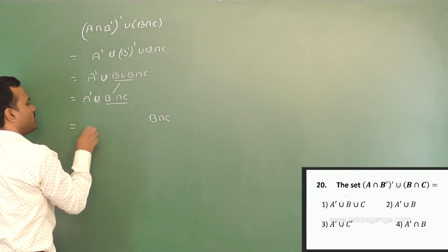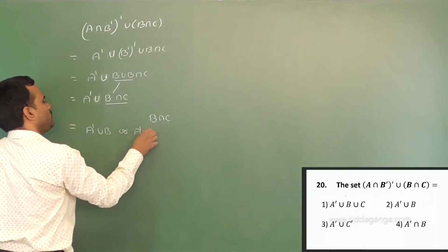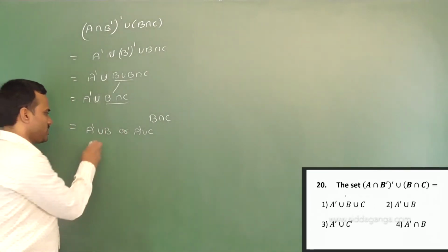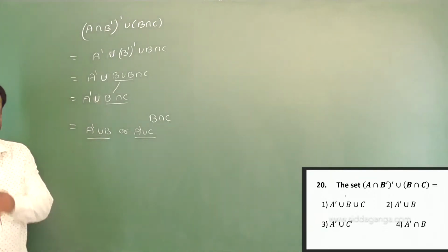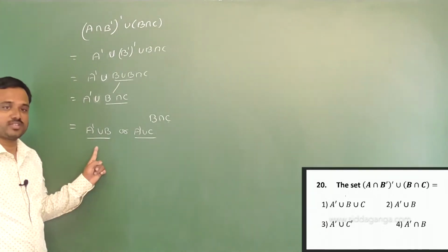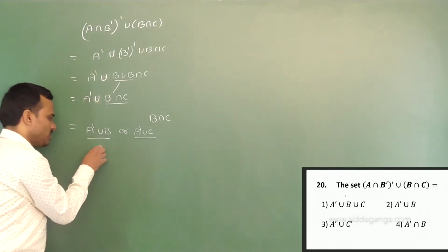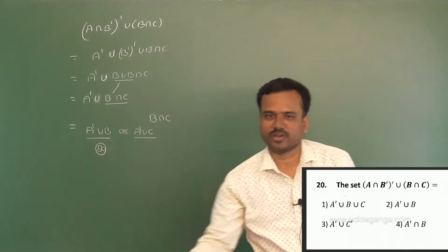That is equal to A dash union B or A dash union C. For this, what option has he given? A dash union B. So the option is the second one. Next question.